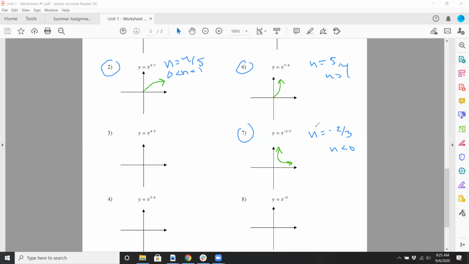Now, remember, this is the 5th root of x to the 4 power. If I were plugging in like -1, would that be okay? Yeah, it would stay positive.